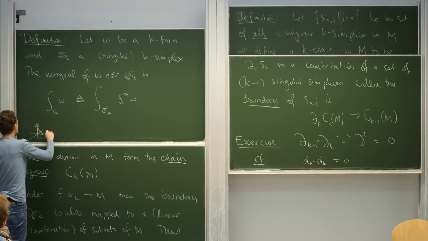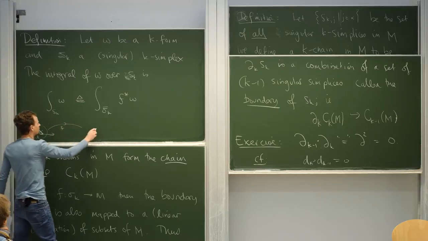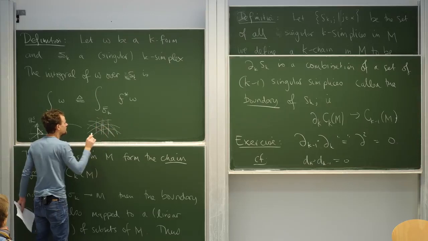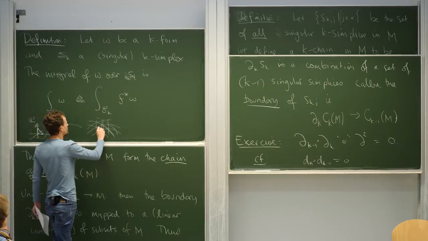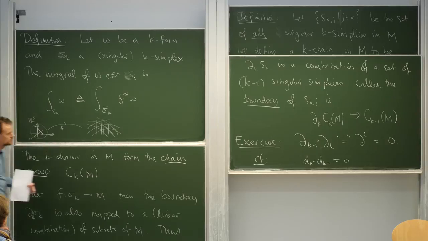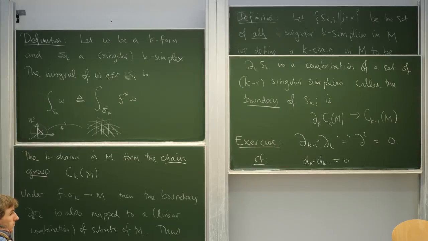We have a subset of R^3. We have some map F. We have our manifold, our 3-dimensional manifold here. If you like, you can imagine that as a 3-dimensional manifold. The triangle there gets mapped to, I should have a different color.